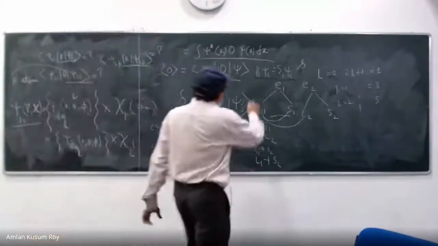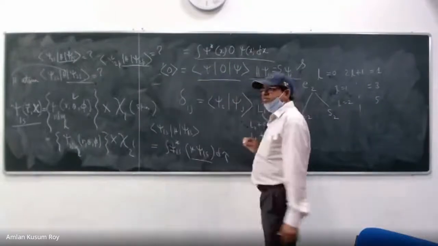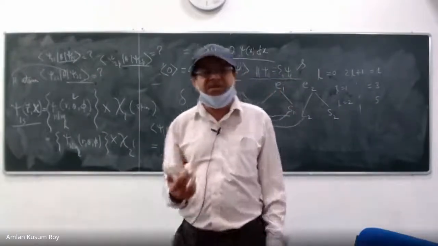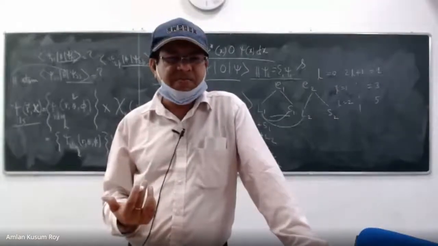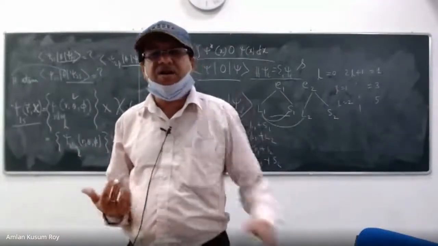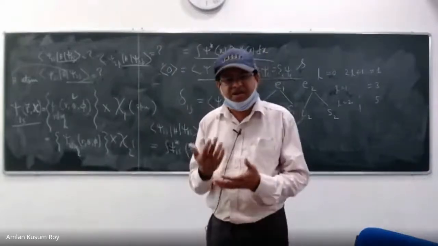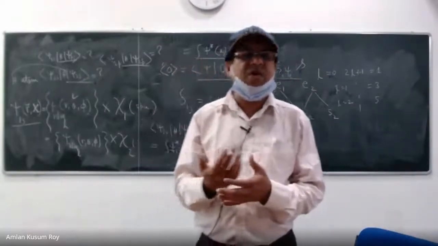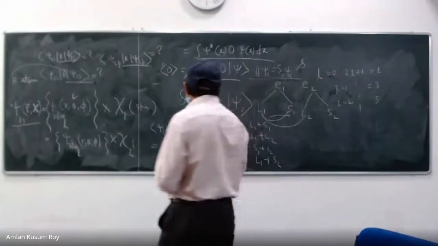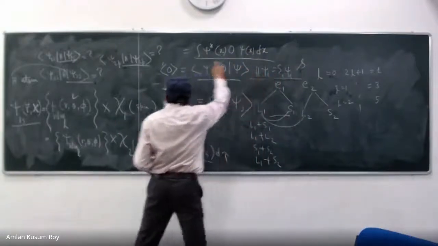H psi is sitting in front of you. Even if somebody gives you the book, you will not be able to do it. Nobody learns difficult subjects by reading books. Symmetry is one of them. Quantum mechanics is one of them. So H psi, just replace it.